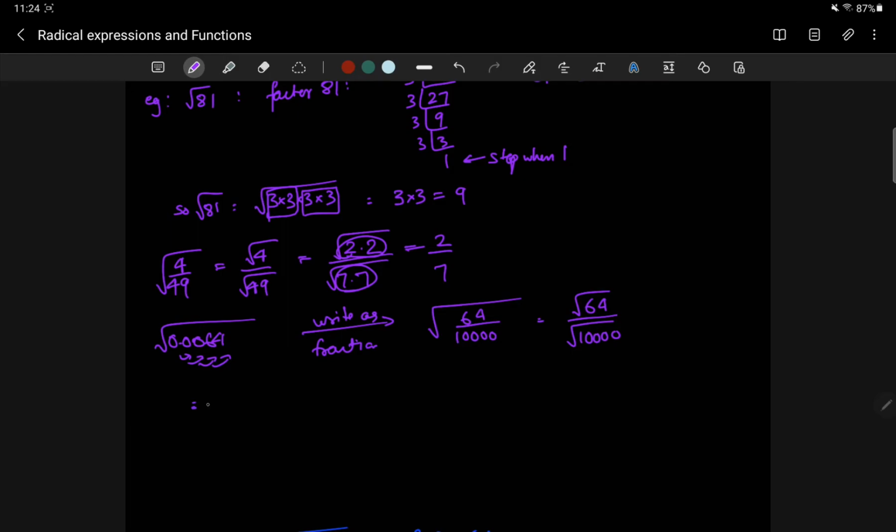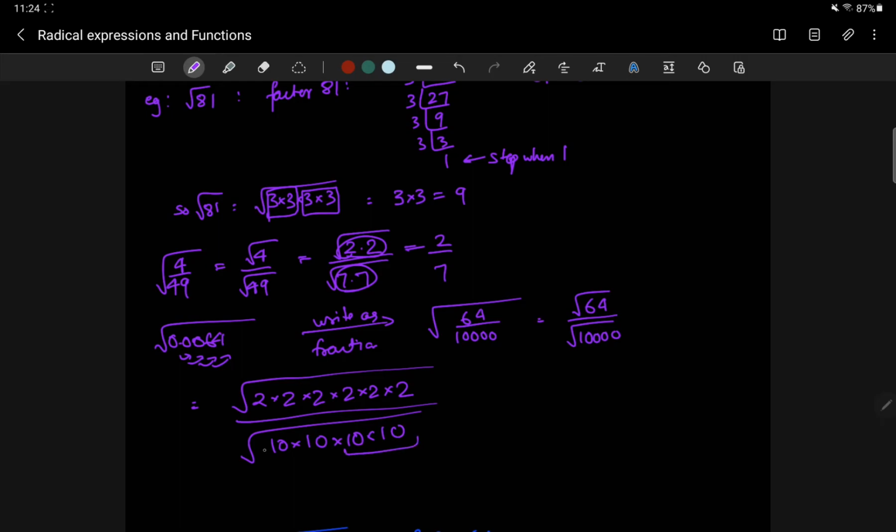If we break this down, 64 is 2 times 2 times 2 times 2 times 2 times 2, and 10,000 is 10 times 10 times 10 times 10. So there are 3 pairs here and 2 pairs here. So this comes out to 2 times 2 times 2 over 10 times 10, which is 8 over 100, which is 0.08.